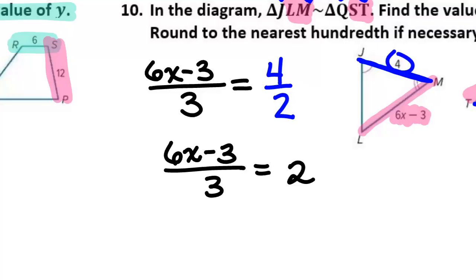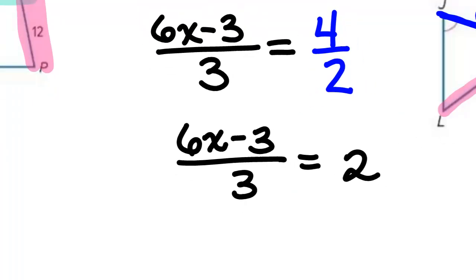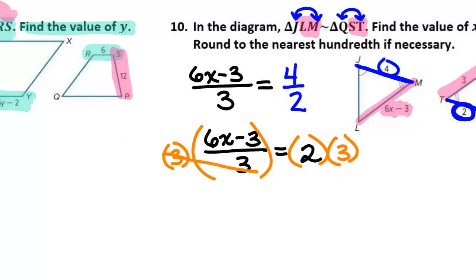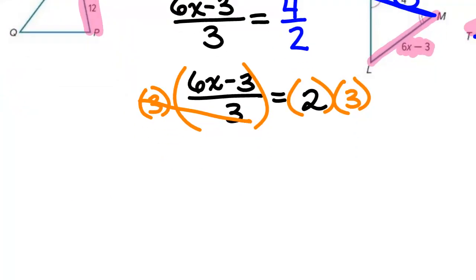What should I do next? Multiply both sides by 3, yes, because that's our denominator. All right, so that gives me 6x minus 3 equals what? Equals 6.